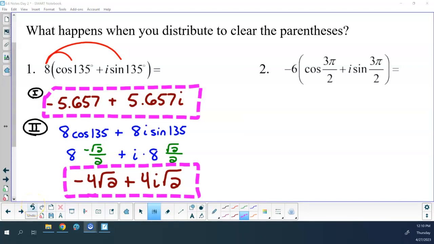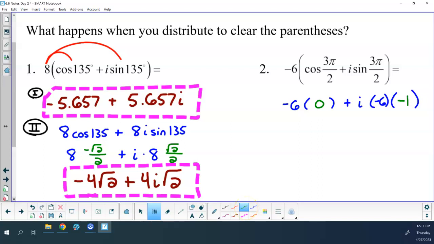3 pi over 2 is on the unit circle. Negative 6 times the cosine of 3 pi over 2. What is the cosine of 3 pi over 2? 0. Negative 6 times 0. 0. Gone. Done with it. Plus i times negative 6 times the sine. What's the sine at 3 pi over 2?